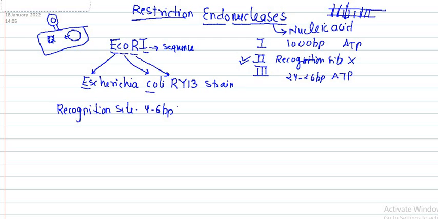So we see here for EcoR1 in the DNA, the recognition site is GAATTC. And the important thing is that this is a palindrome. Palindrome किसे कहते हैं?